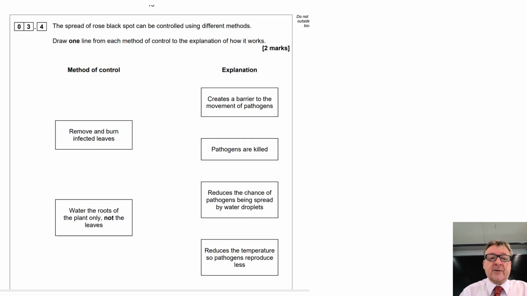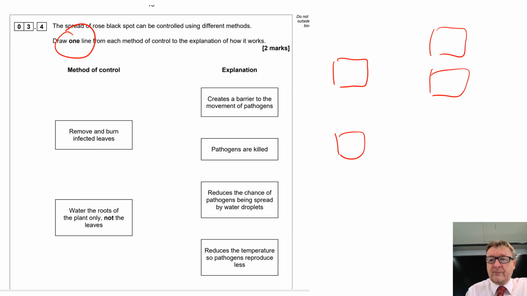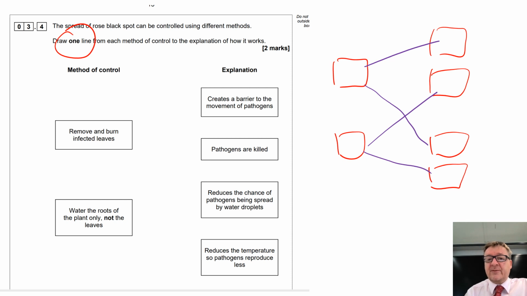3.4, get your ruler out. The spread of rose black spot can be controlled by using different methods. Draw one line from each method of control to the explanation of how it works. I have seen this so many times: if you don't quite know the answer and draw two lines from one of them, you get a big fat 0.